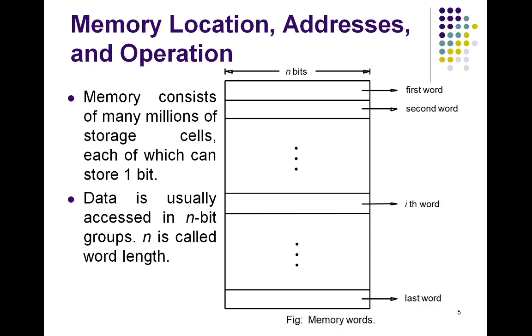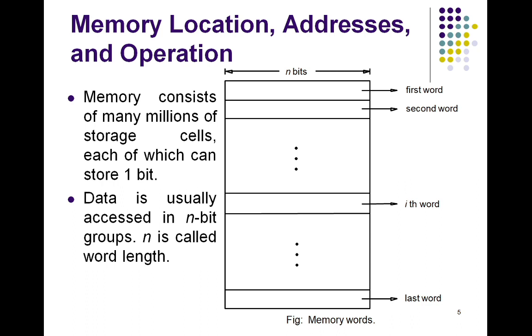Here a single bit represents a very small amount of information. The bits are usually not handled individually. The usual approach is to deal with these bits in groups of a fixed size. You can say that these bits are stored in terms of groups, where the group size is fixed.